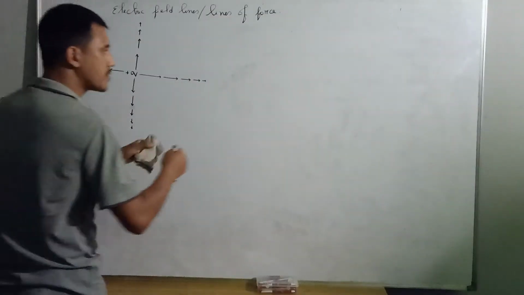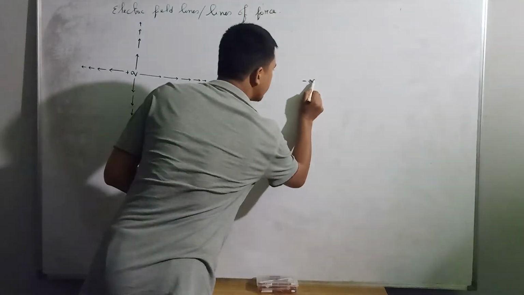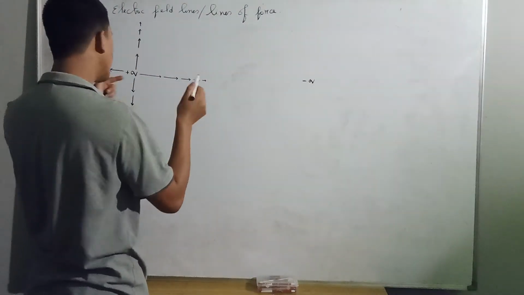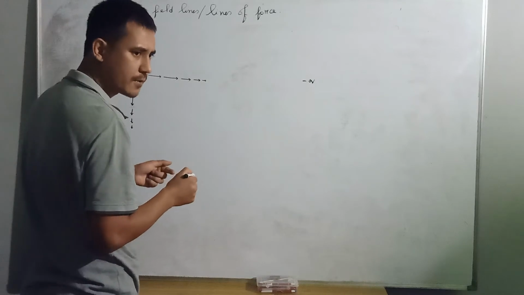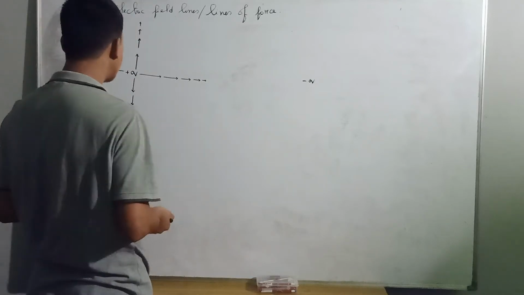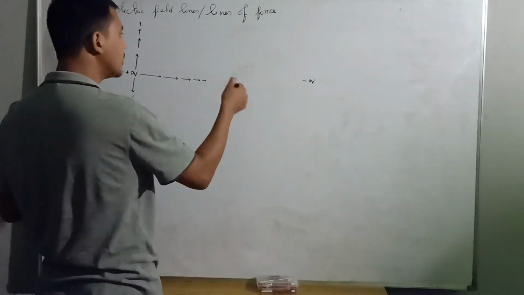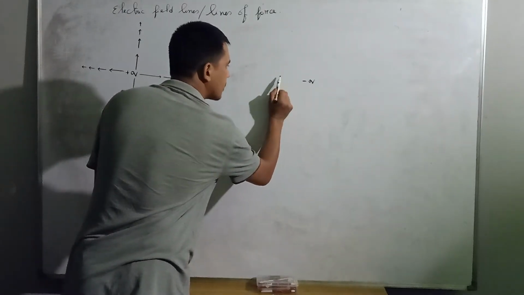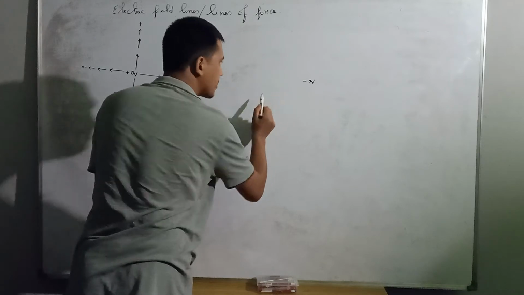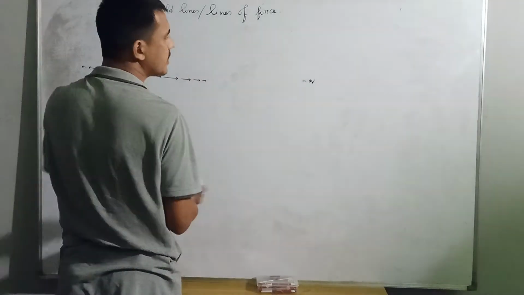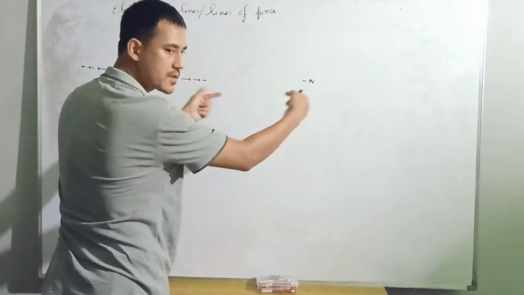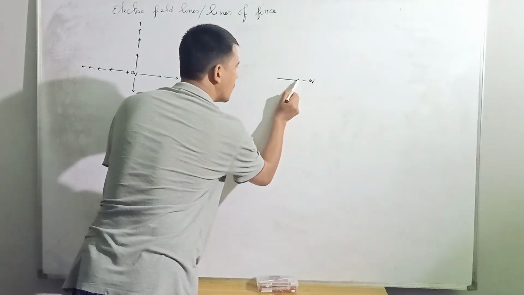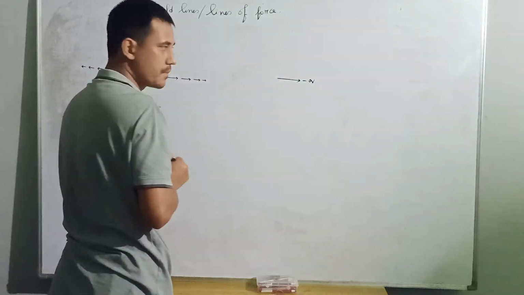Similarly, for a negative charge also we can draw. Consider a negative charge minus Q. Actually, we are going into a much deeper concept now. This was necessary for you to know, so we are getting into more detail. For a negative charge, the electric field is directed radially inwards, so the arrowhead will point towards the source charge.